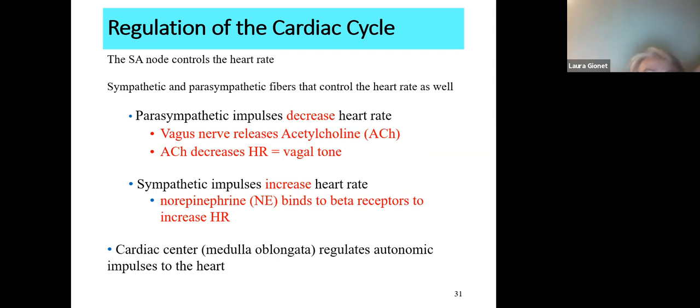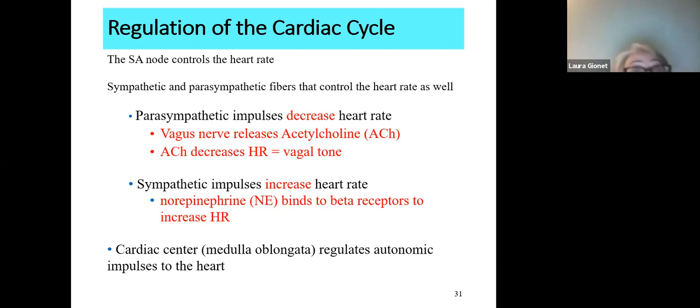The cardiac center in the medulla oblongata regulates the autonomic nervous system impulses to the heart so that we're slowing it down and speeding it up as needed. I love this part. I love when we can connect the autonomic nervous system that we studied in AMP1 to physiology in AMP2.